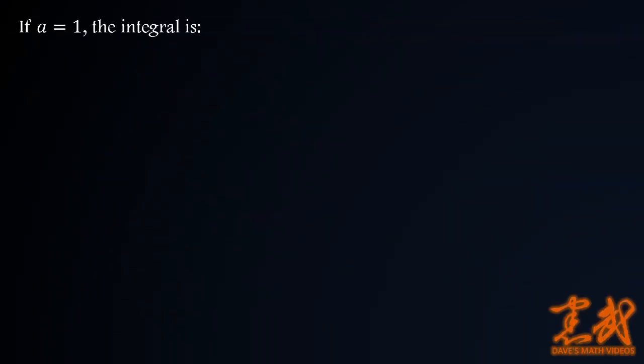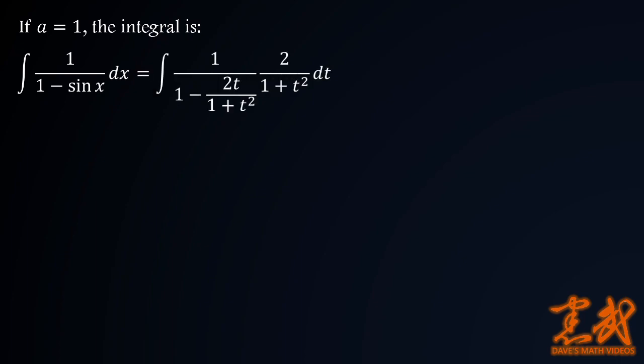We still have one final case to examine, and that is if a is exactly equal to 1. In this case, the integral is simply the integral of 1 over 1 minus the sine of x with respect to x. We can carry out the same substitution that we did at the beginning of this video, and when we do the algebra, we have to solve the integral of 2 over 1 plus t squared minus 2t with respect to t.